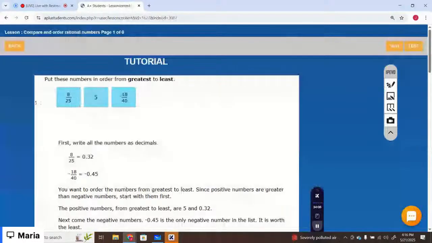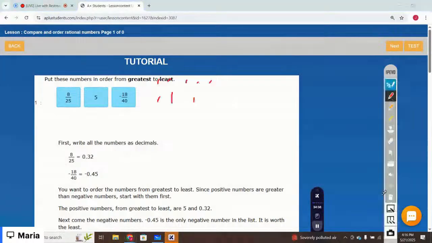Write these numbers in order from greatest to least: 8 over 25, 5, negative 18 over 40. So convert the fractions into decimals, right? 8 over 25 will be 0.32, just use the calculator. And negative 18 over 40 is negative 0.45, right? You need to write them down from greatest to least. So 5 is the greatest one, then we have 0.32, and then we have negative 0.45. Negative numbers are always smaller than positive numbers, got it?